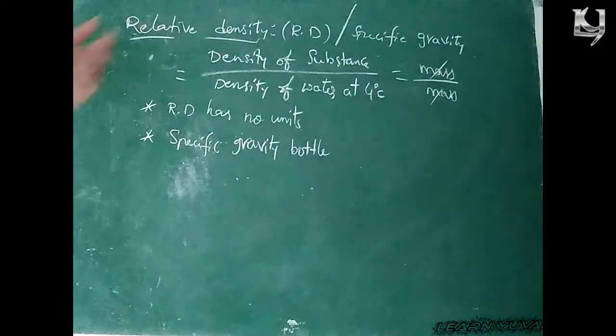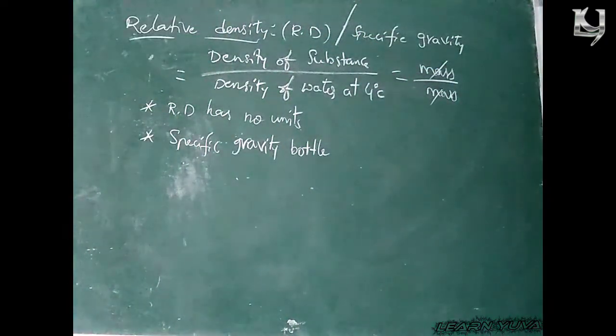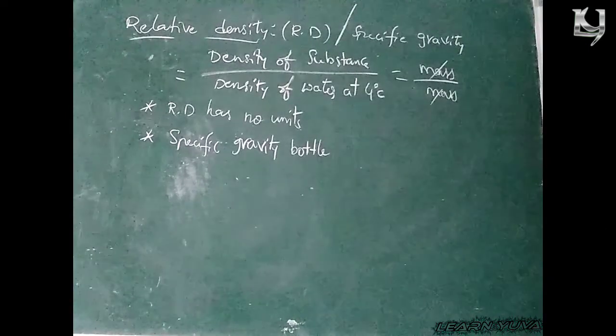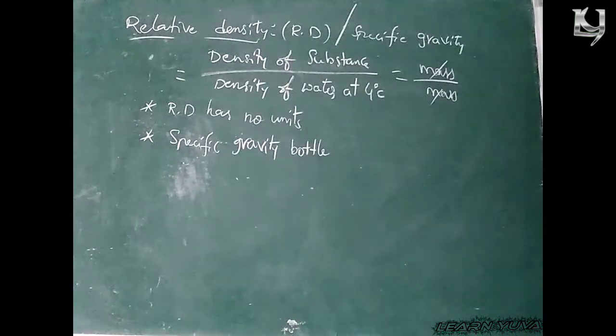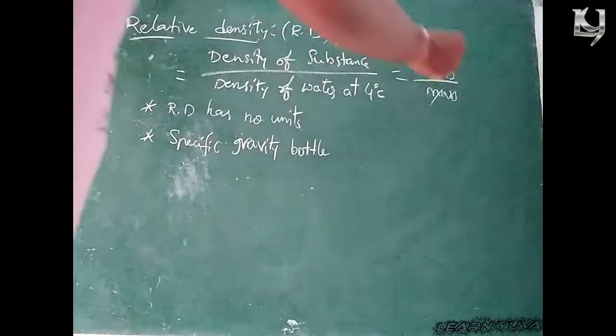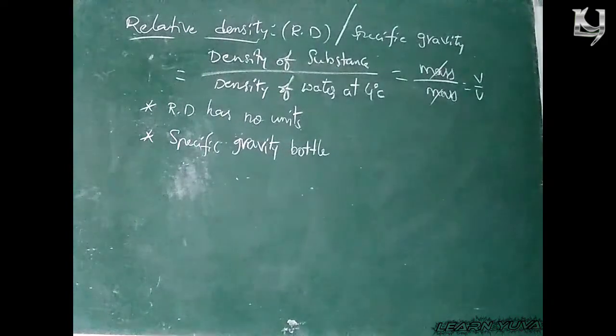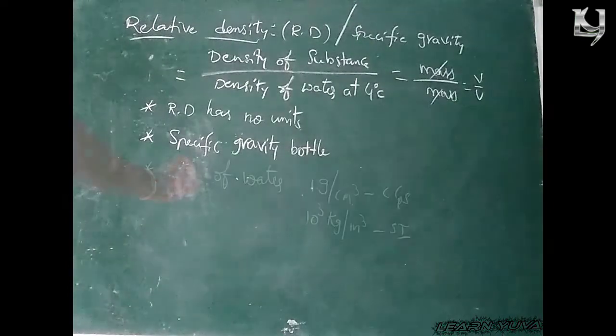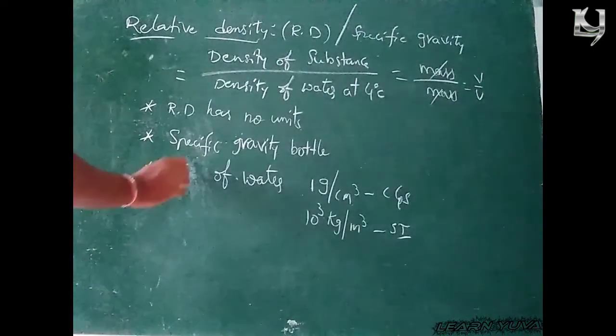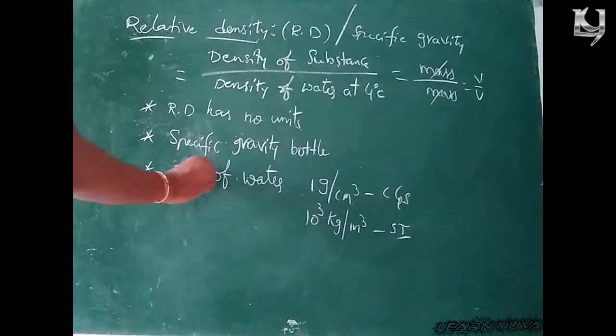So it also has no units from that side also. You can say it as sometimes mass and sometimes volume by volume. Okay, so this relative density has no units.